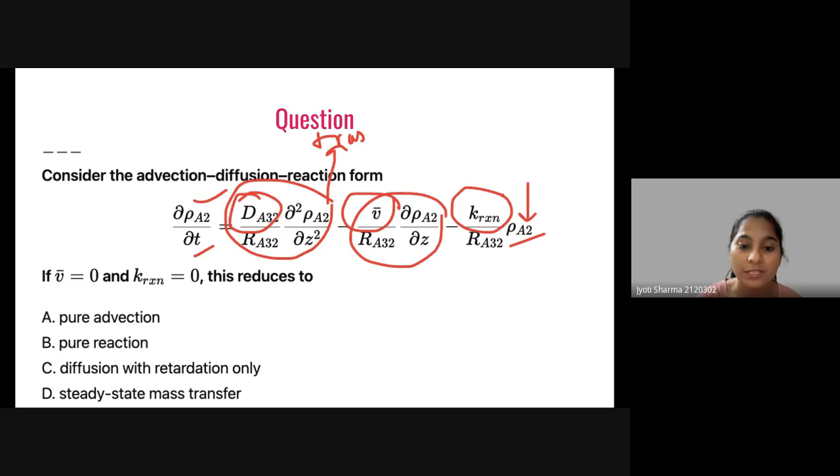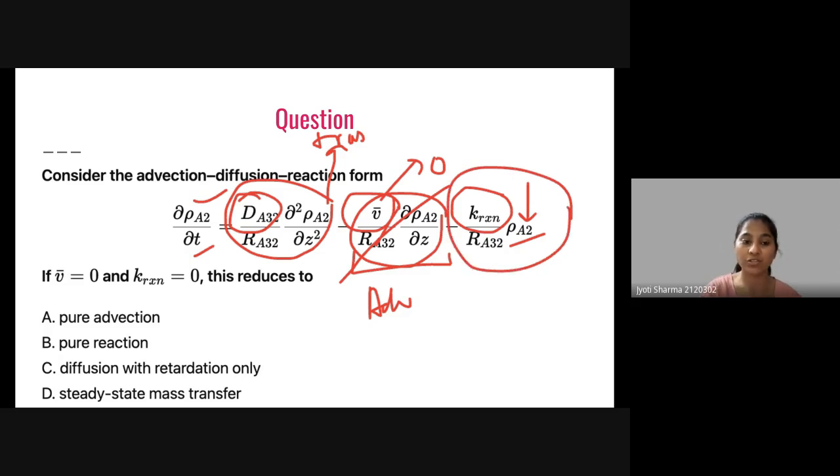As I told you, this shows us the advection, right? And if this is zero, the whole term will be equal to zero, so there will be no advection. This is your reaction term, so the change in the concentration with time depends on the decay rate constant. If the reaction rate is zero, then this reaction term will also be zero.